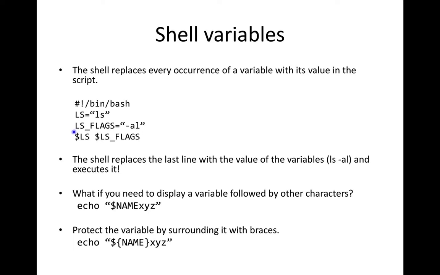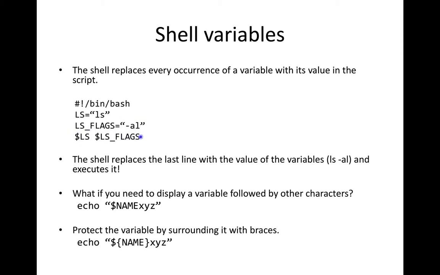But the shell interpreter can deal with this just fine, because what the shell interpreter will do is that it will replace this variable reference with the value, in this case ls. It will replace the second variable reference with its value, in this case -al.